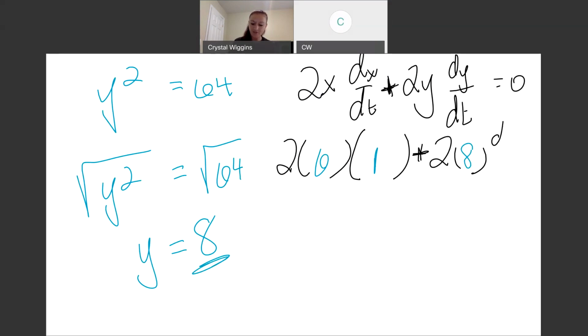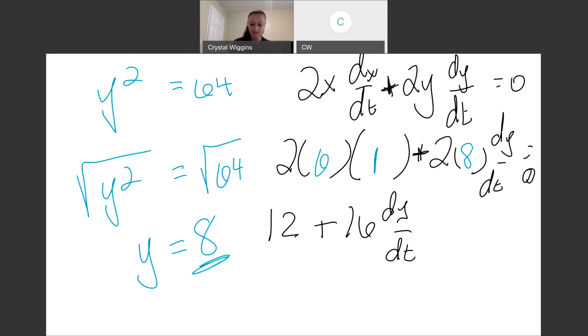We are trying to solve for dy/dt, so we shouldn't know a number for that yet. This is all equal to 0. So 2 times 6 times 1 gives us 12, plus 2 times 8, which is 16, dy/dt equals 0.